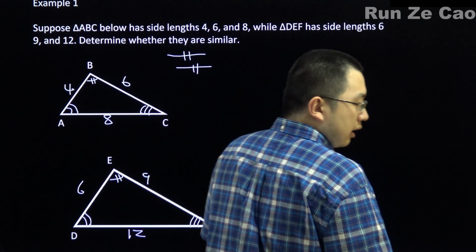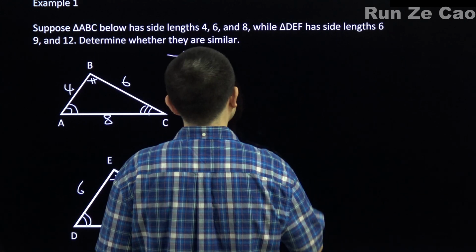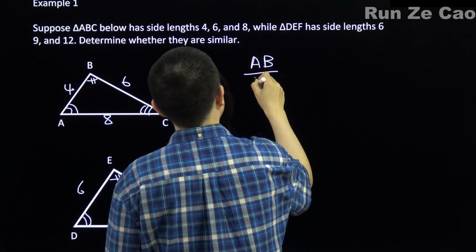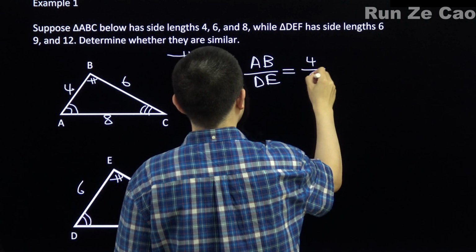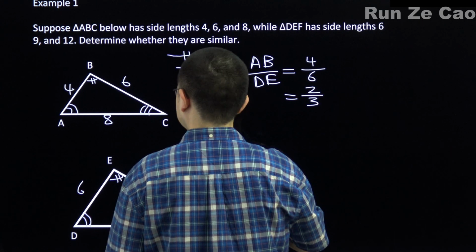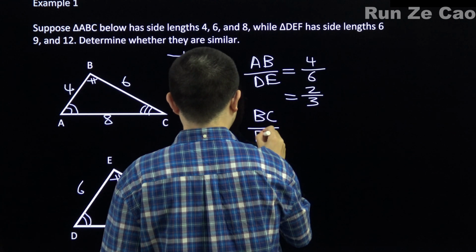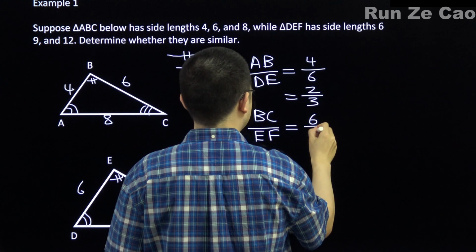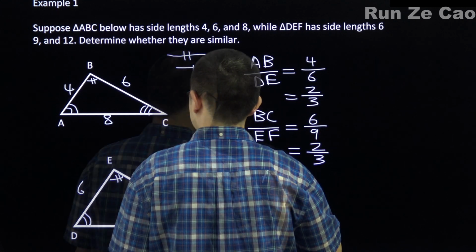So, determine whether they are similar. AB over DE is equal to 4 to 6, which is equal to 2 over 3. BC over EF is equal to 6 over 9, which is equal to 2 over 3.